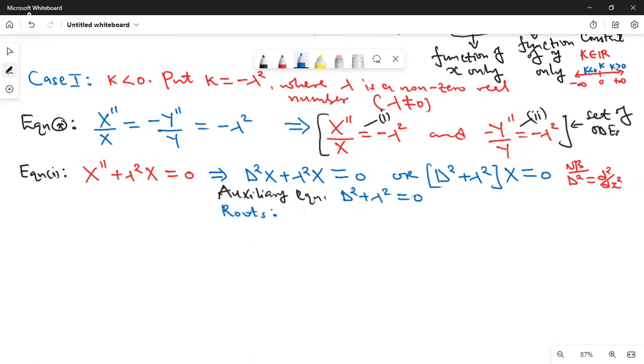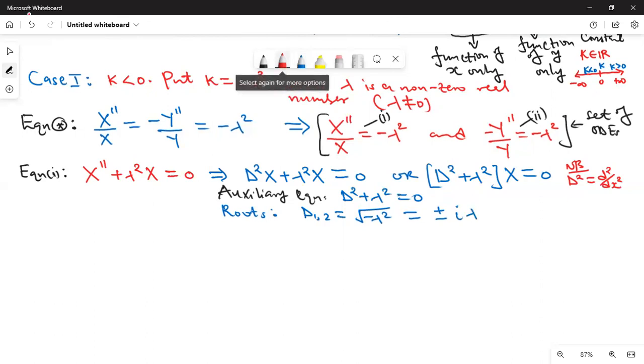Make D the subject, so there will be two roots, D1,2 is the square root of negative lambda squared. You see, every time you are squaring a negative, you are getting a square root of a negative number. Take note that you are going to get a complex number. So it will be plus or minus i lambda, where i is the square root of negative 1.